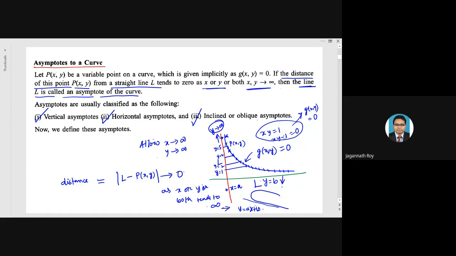Now we'll discuss each of the asymptotes properly. So first understand the idea of an asymptote: it is a line that satisfies the relation that the distance between the line and the point of the curve, where P is a variable point on the given curve, slowly tends to 0. So here also the distance is slowly tending to 0.